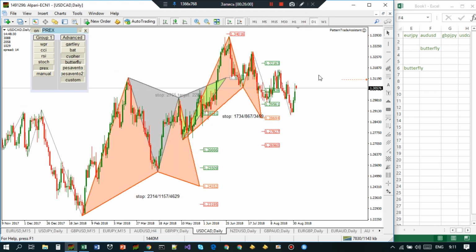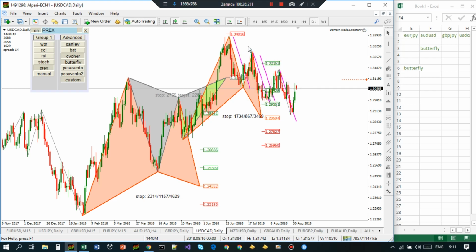Dollar Canadian 4 hour. Very nice. It is still valid, although I dislike this broken CD leg, but the pattern is still valid. And let me measure that. It seems to me that we also have a 3 drive pattern.